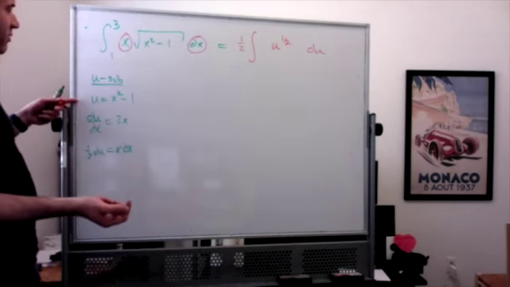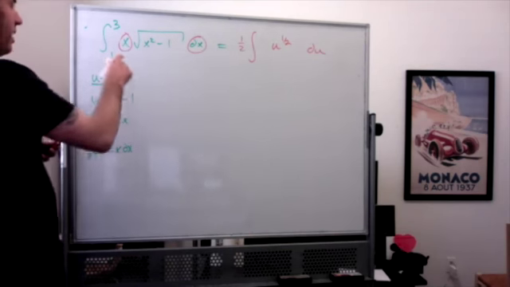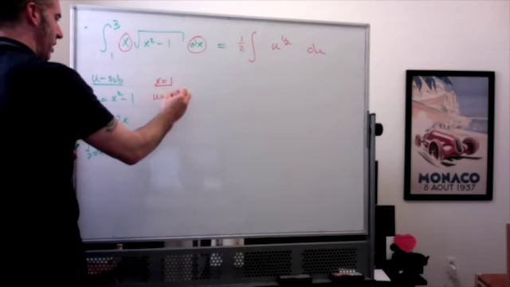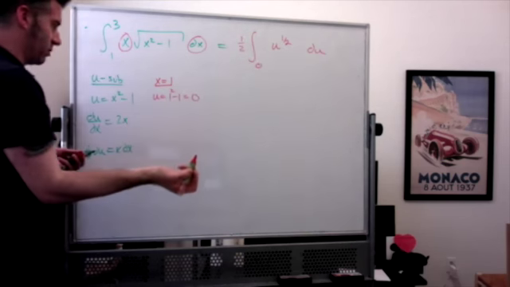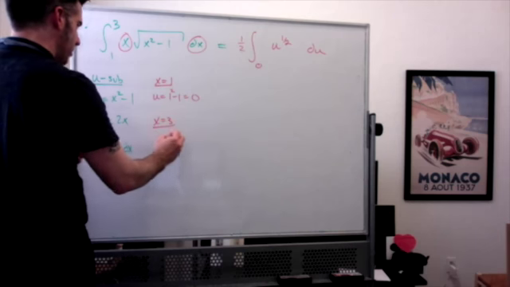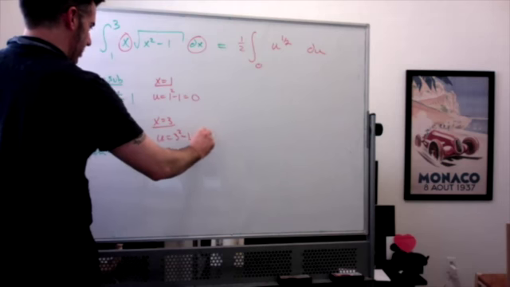And then our limits of integration, I think we should also change them. So if x is equal to 1, u is going to be 1 squared minus 1, which is 0. If x is 3, u is going to be 3 squared minus 1, which is 8.